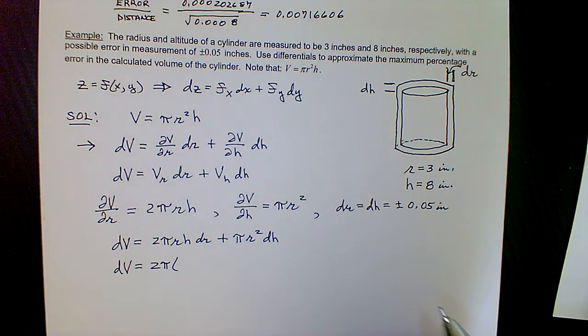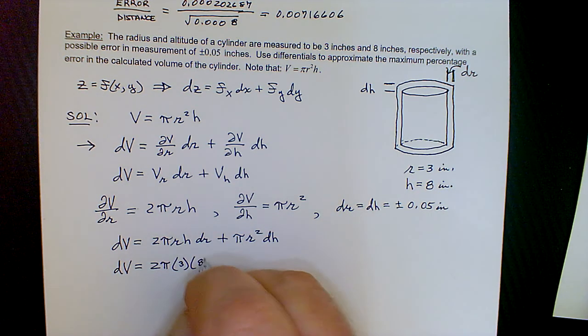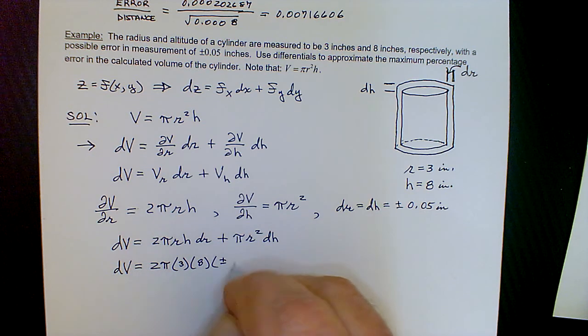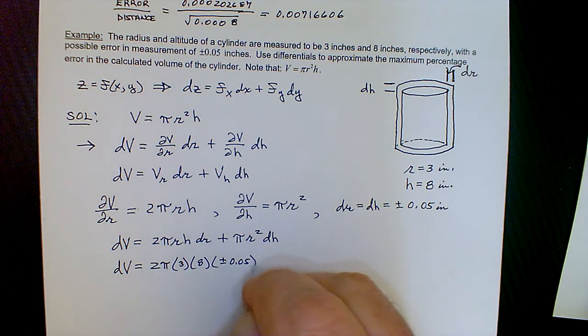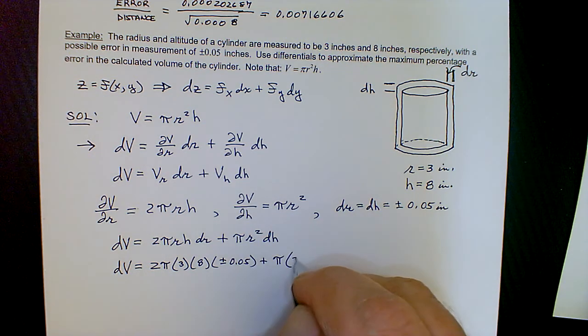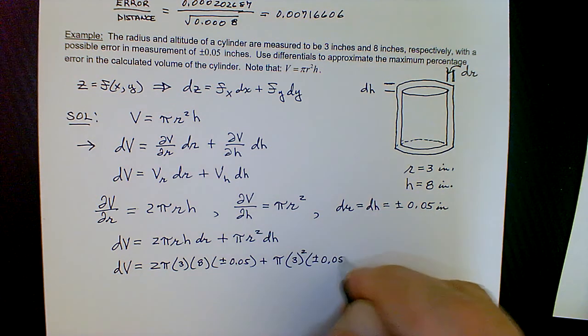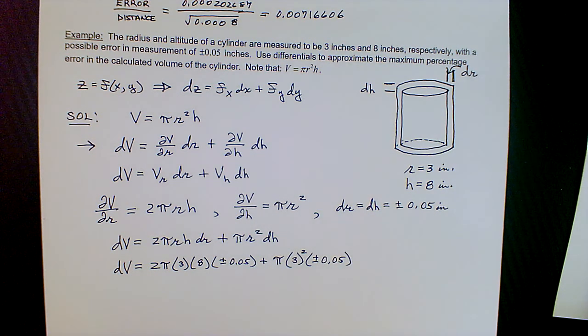You got 2 pi times r was 3, h is 8, dr, the plus or minus 0.05, and then plus pi times r again was 3, that has to be squared, times dh was the plus or minus 0.05.